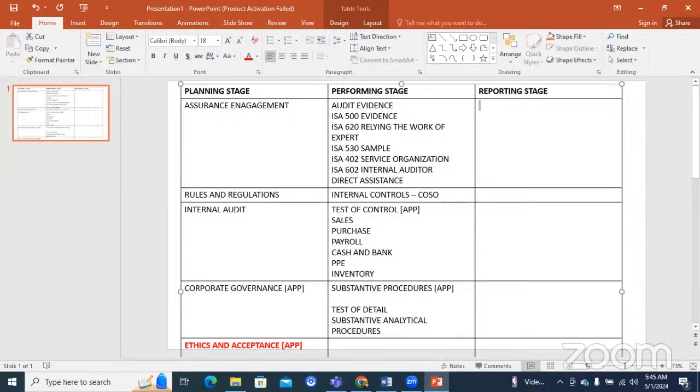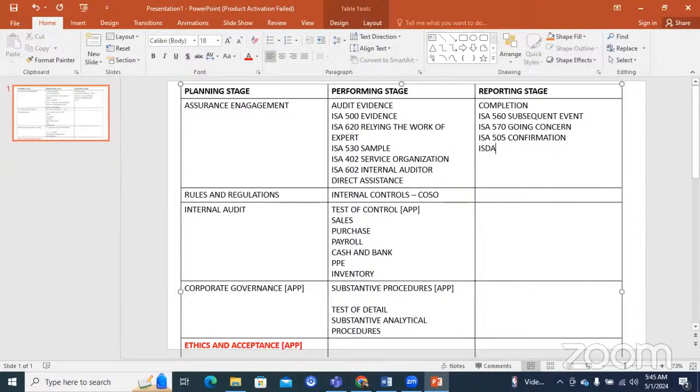If I take the reporting stage, I think you might study the completion part. Under completion, you might study ISA 560, that is subsequent events. And ISA 570, that is going concern. And ISA 505, that is circularization or else confirmation.